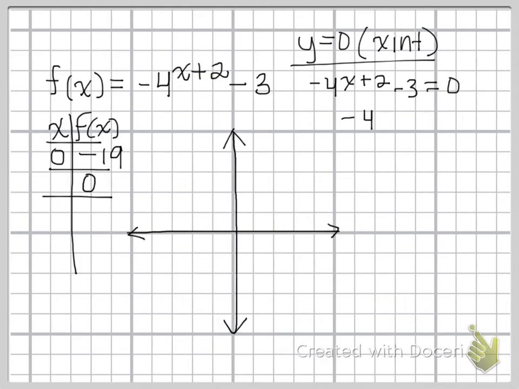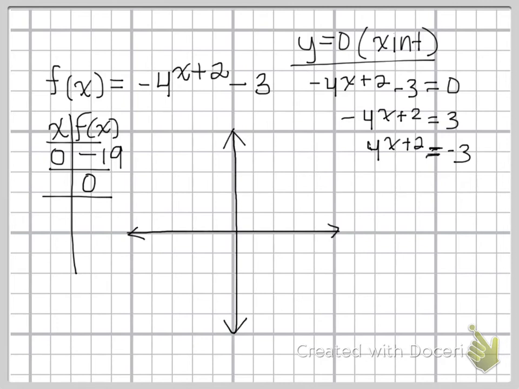So negative 4 to the x plus 2 is equal to 3. All right, now I can't do any other operation. I guess I can do the negative. Okay, so 4 to the x plus 2 is equal to negative 3.